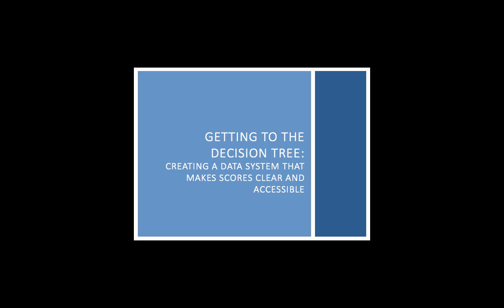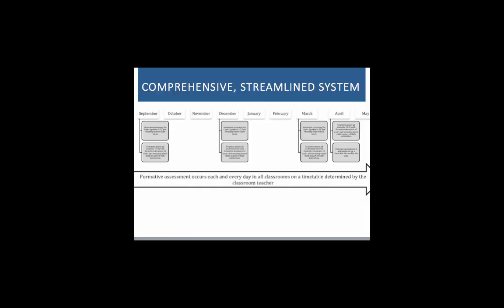Now that we've concluded our discussion of assessment types and functions, let's turn to the second piece of engaging with Key Shift 2, and that's the creation of a data system that makes scores clear and accessible. The first step in creating a data system that makes scores clear and accessible begins with communicating to all in the school community when data will be collected.